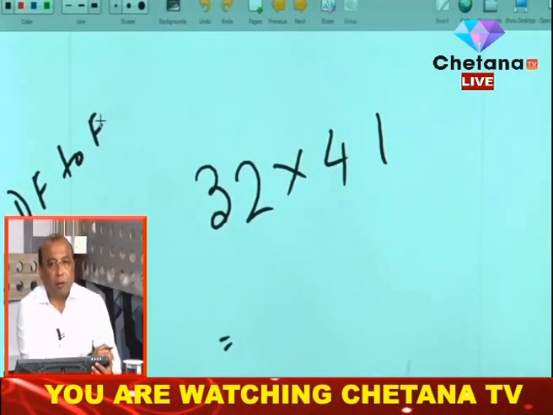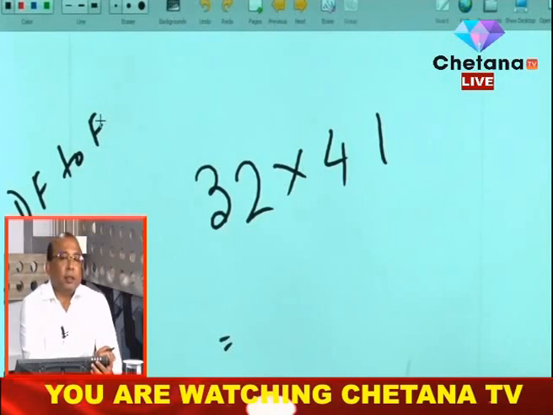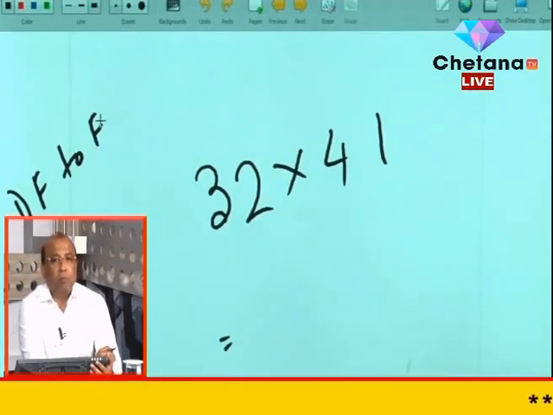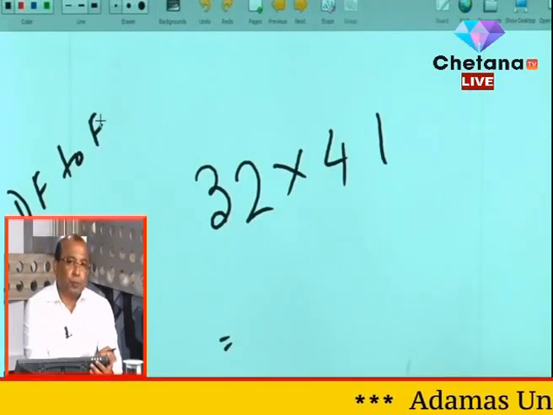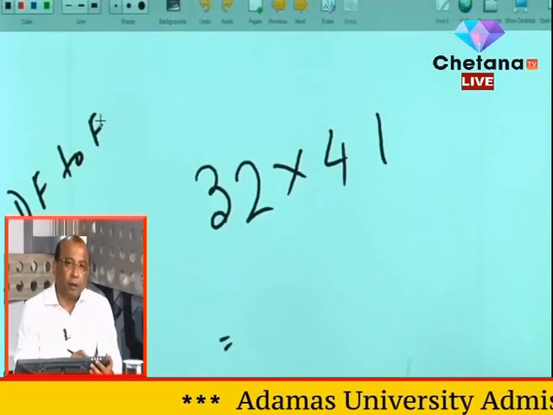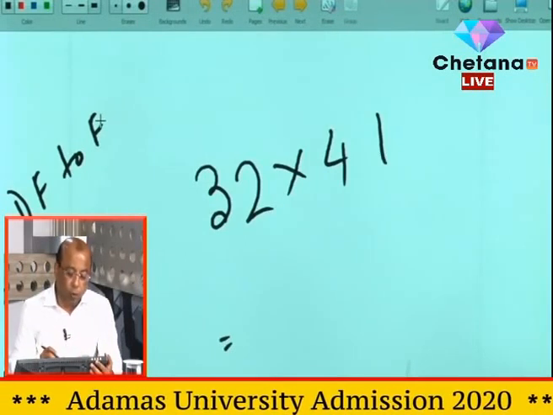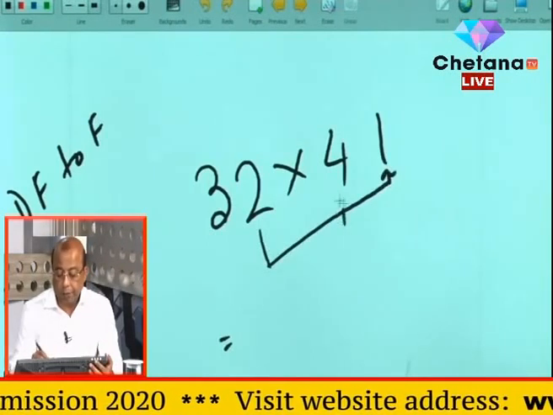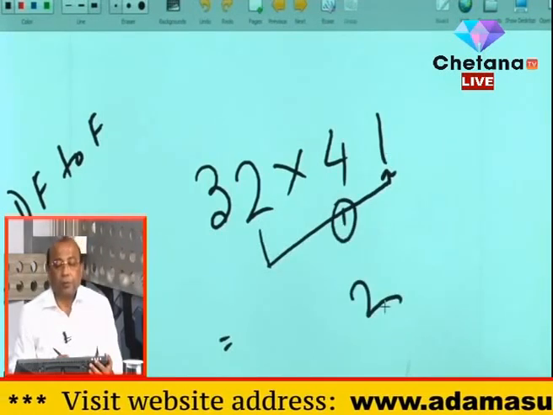The unit place of the left hand numbers will be the starting point. The left hand number is 32, and which numbers is the unit place? That is 2. So 2 will be the starting point. From 2, which number is a far to far? That is 1. Clear? 2 into 1, 2.